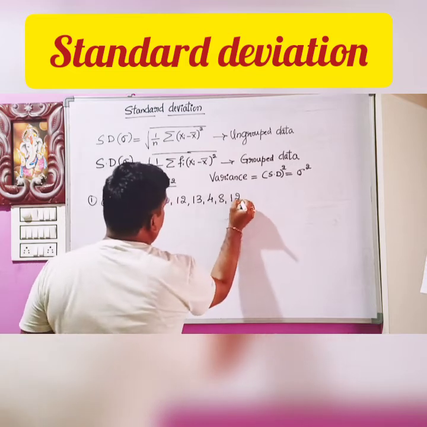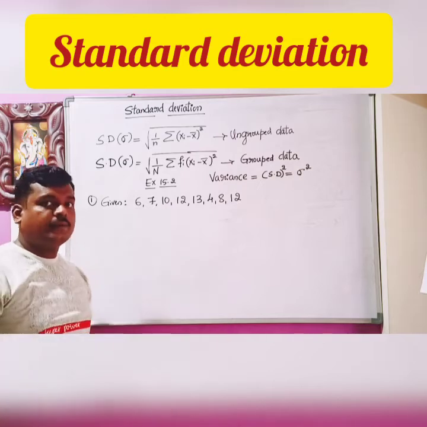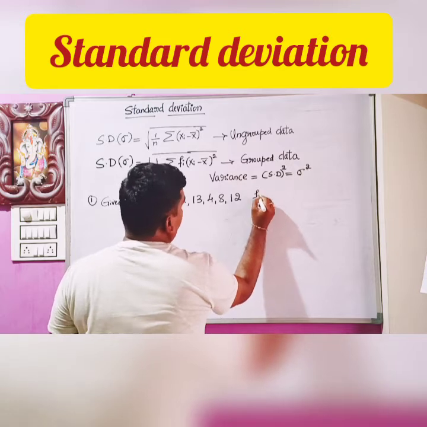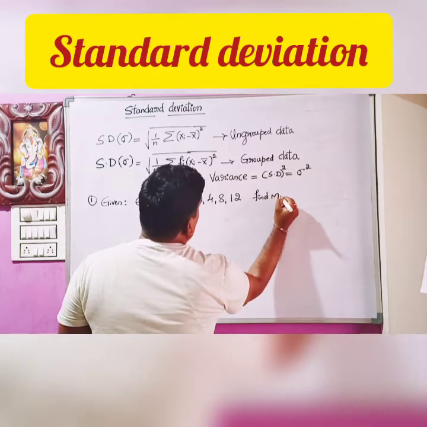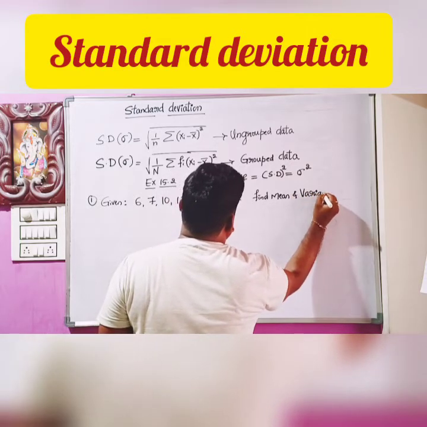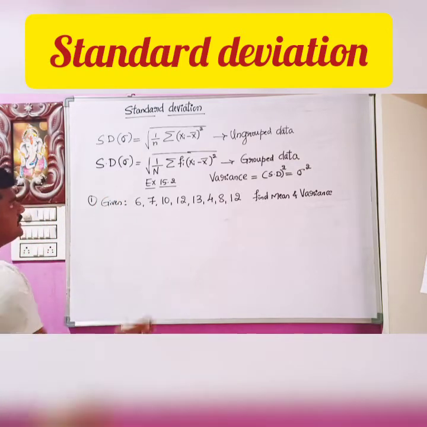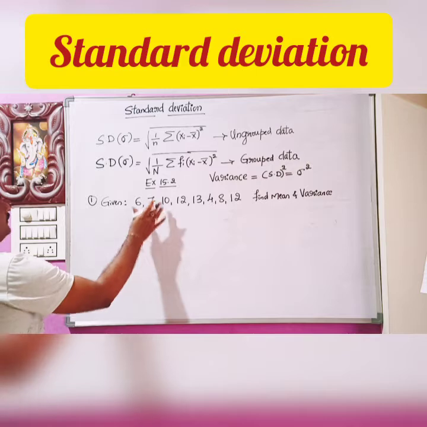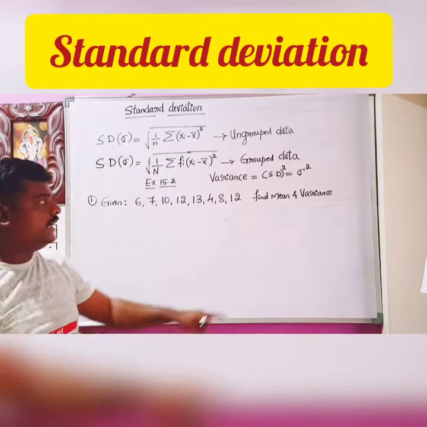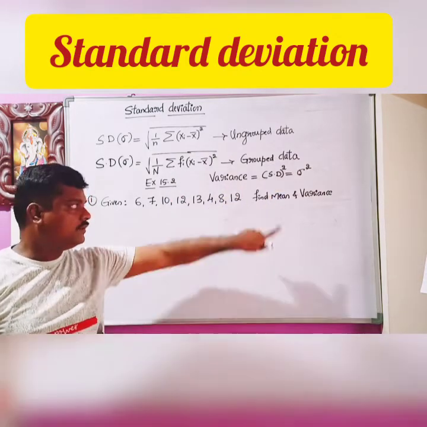For this data we have to find the mean and variance. This is the first question of exercise 15.2. This is ungrouped data. To find the variance or the standard deviation, we first have to find the mean.